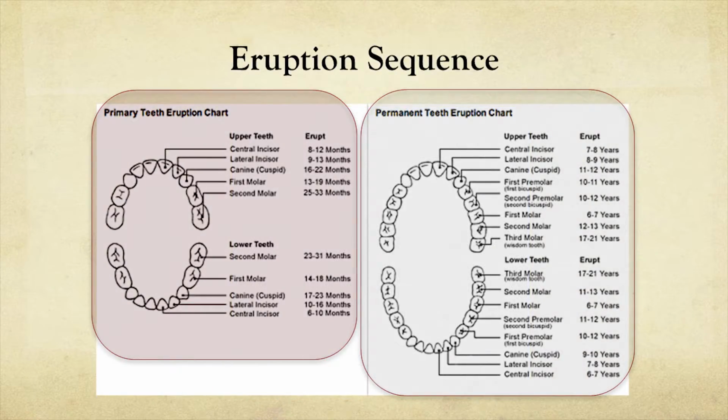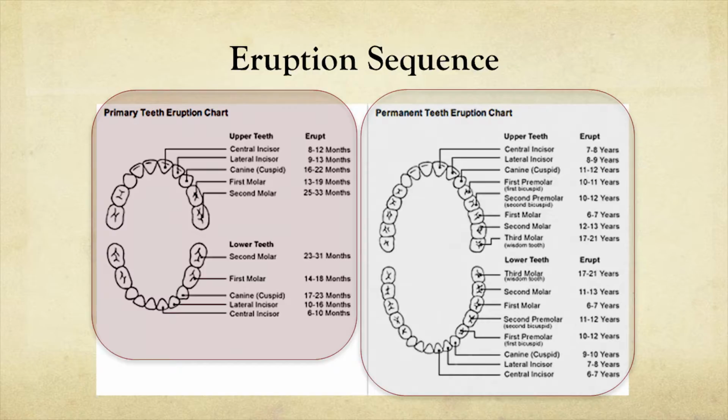So looking at the eruption sequence, it's very important that we understand the eruption sequence of the dentition. You would know when a patient presents to you what dentition is present and where the pathology is coming from. It's good to identify that. If you look at primary dentition, the slide on the far left, your first teeth of your primary dentition erupt at about 6 to 8 months of age.